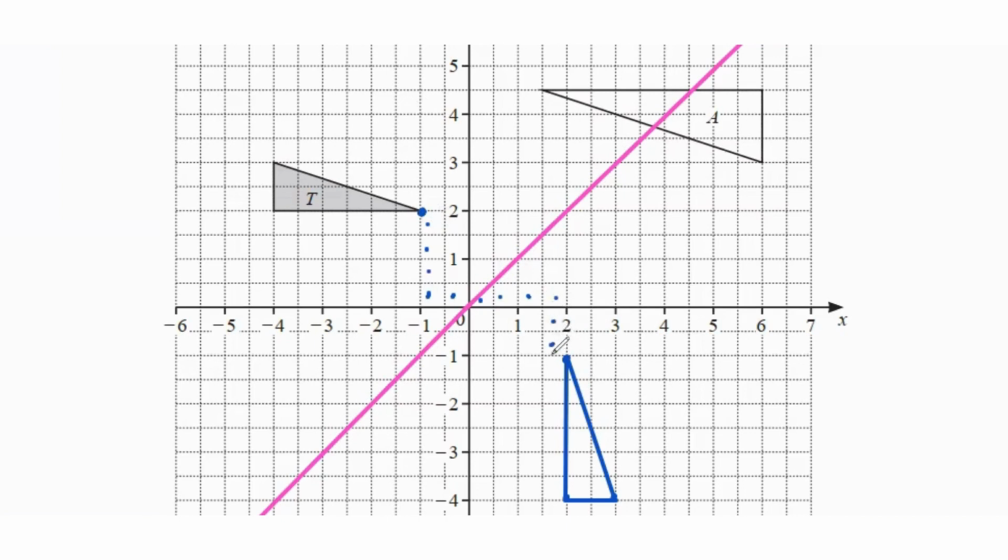So it's 2 units away vertically from the x-axis. So that's why this point is this point. This point is going to be this. And lastly, this is this.